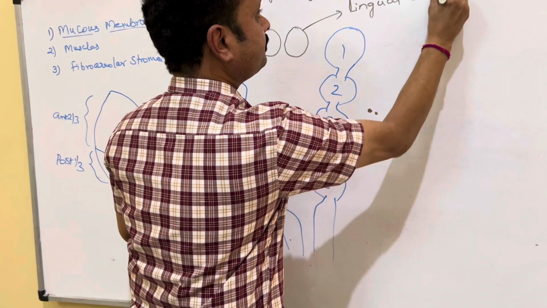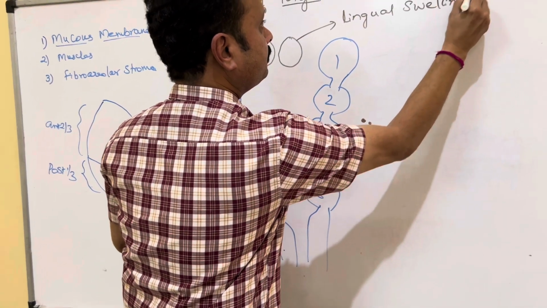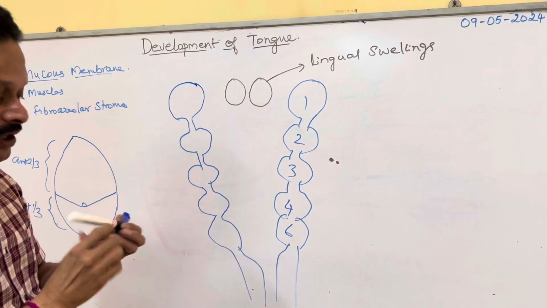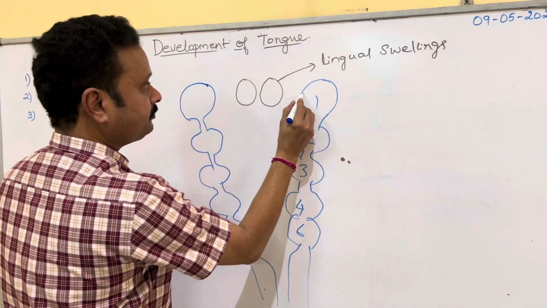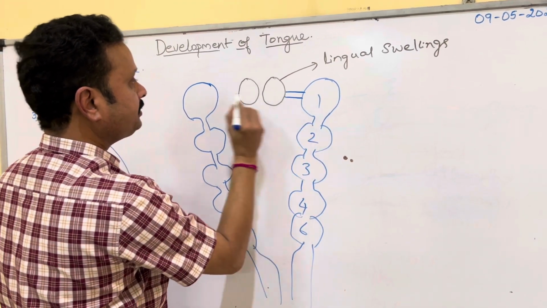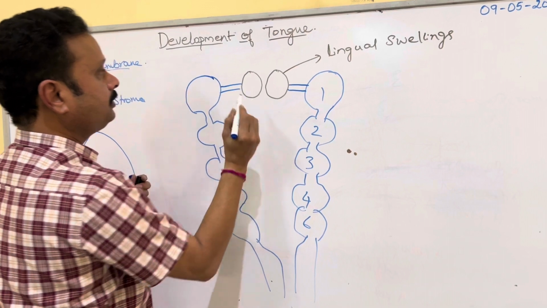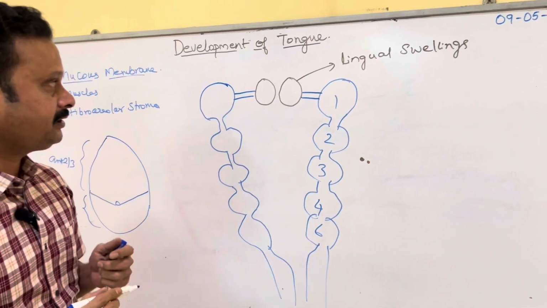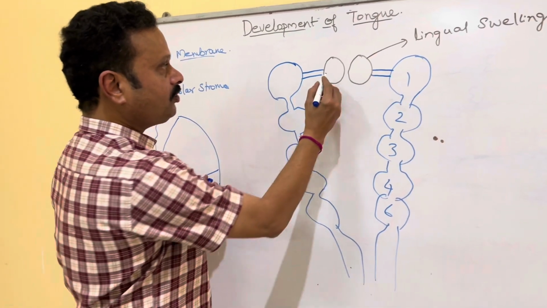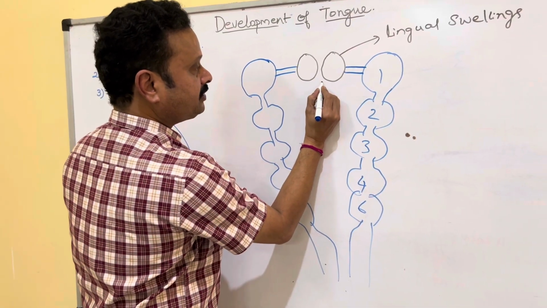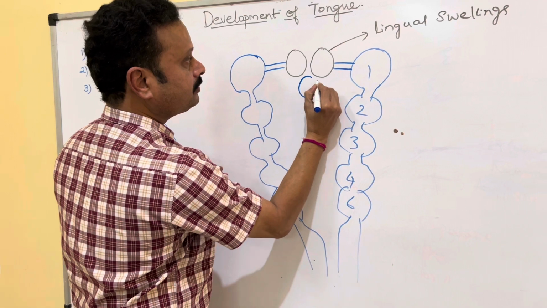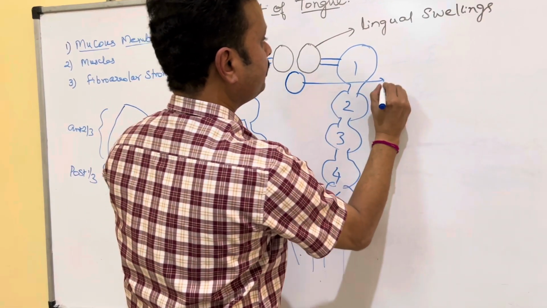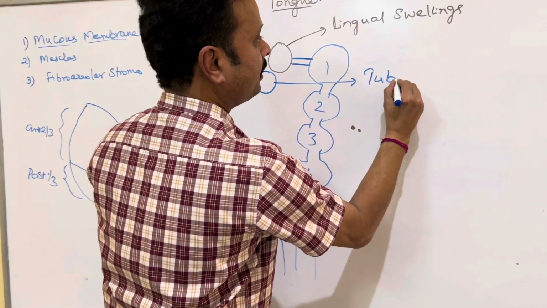Lingual swellings take contribution from the first arch, like this. Two lingual swellings take contribution from the first branchial arch, and immediately followed by this there is one more unpaired swelling called tuberculum impar.